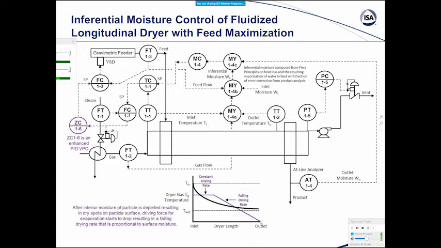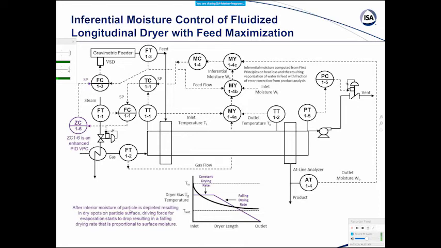Right down here, the particle is completely dry, and up here, the particle surface is completely coated with moisture, and so you can take this into account as a predictable relationship.